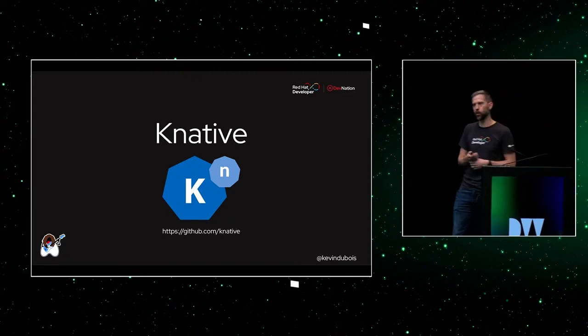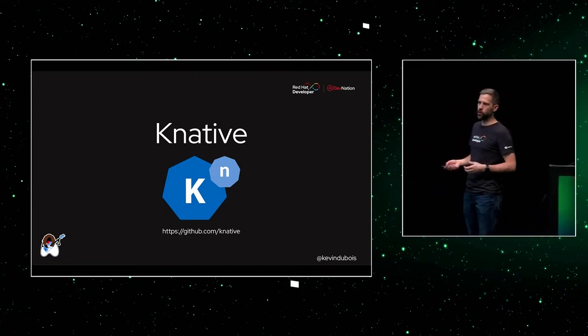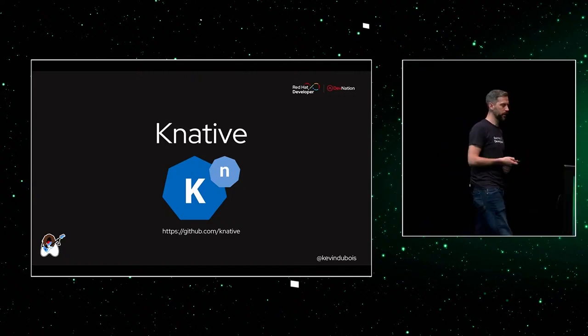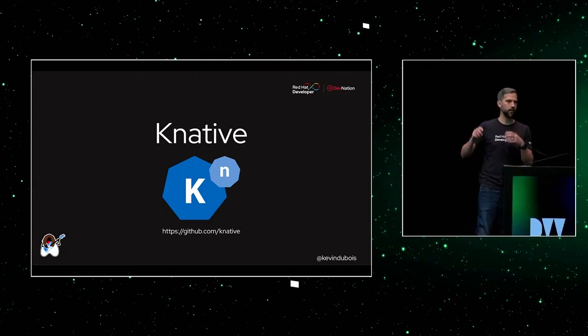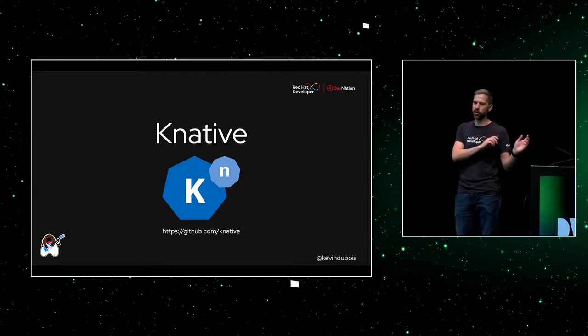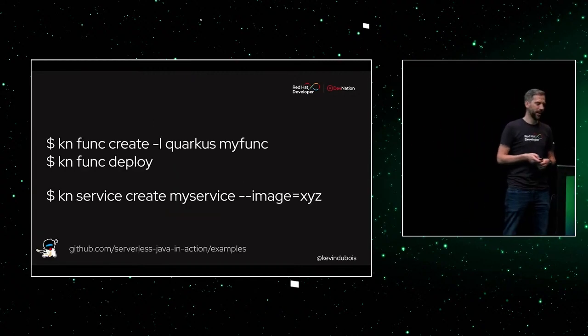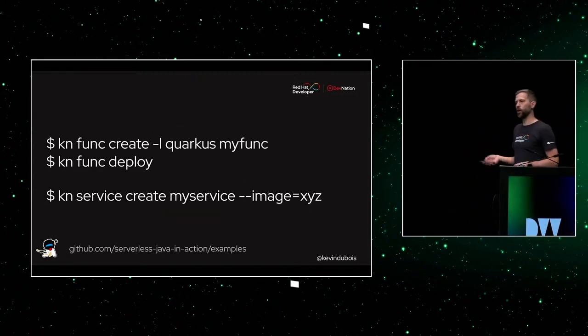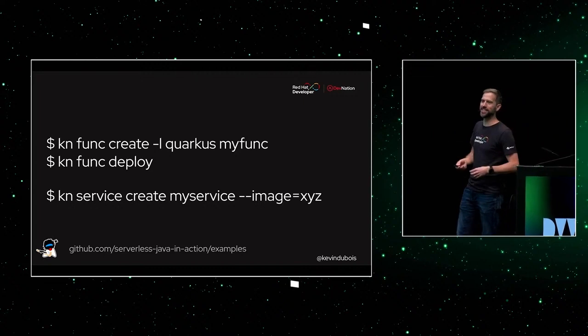So Knative is a really cool project to use serverless, to use the cloud resources that you have without the lock-in, because you can run Knative on EKS, AKS, on OpenShift, on-prem, on your Minikube, it doesn't matter, right? And so, for example, Knative has, of course, the CLI, because every tool has a CLI, right?